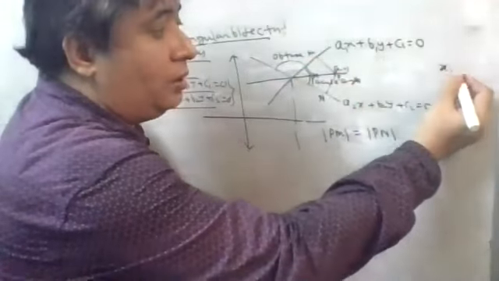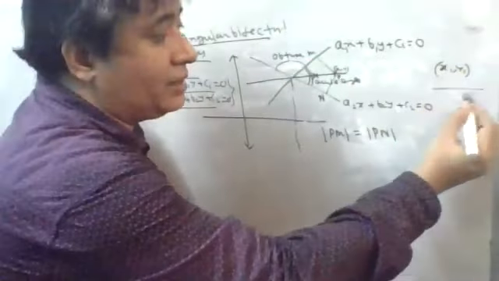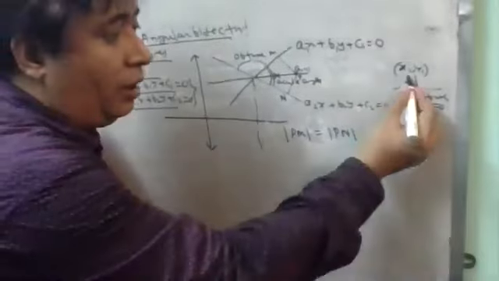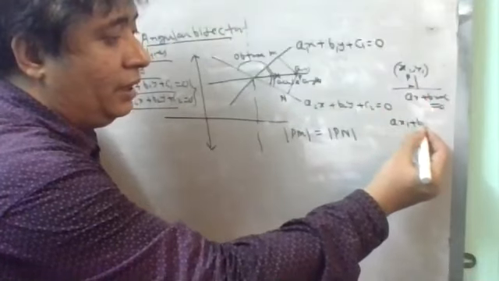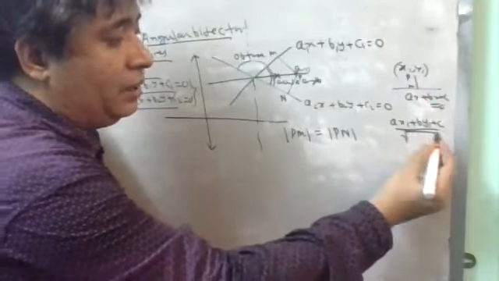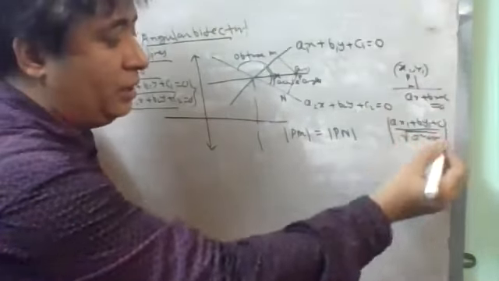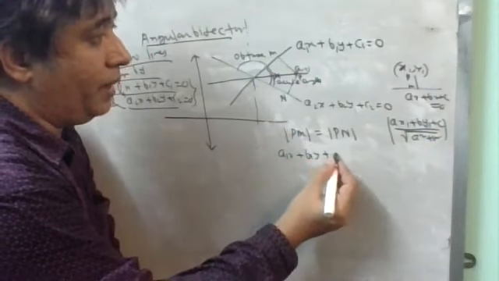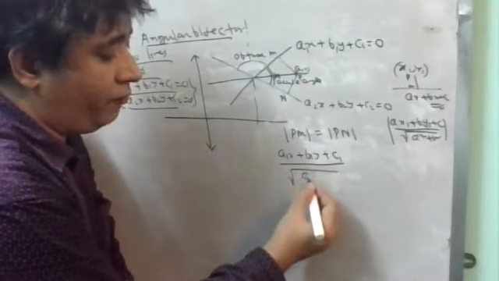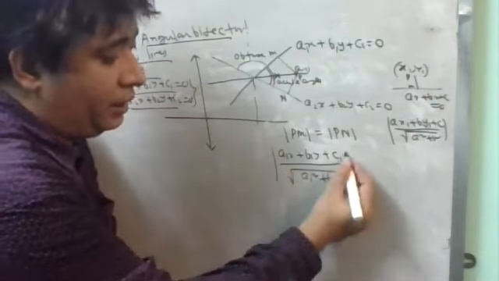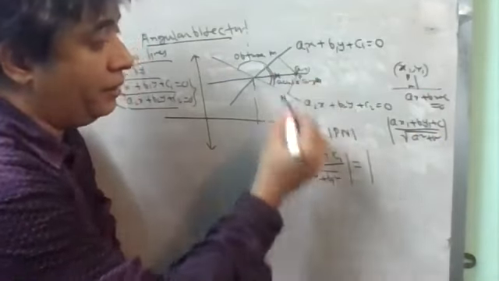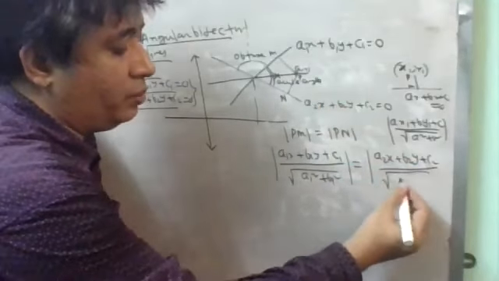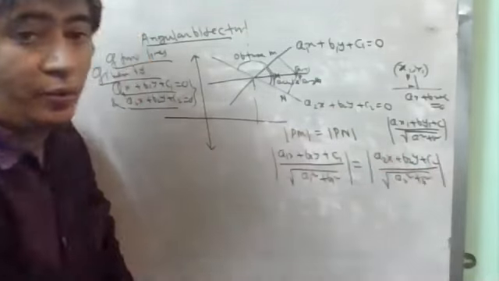Okay. Now PM is what? Distance formula you are taught from (x1, y1). If you have a straight line ax + by + c = 0, you are taught the formula of perpendicular distance, that is |ax1 + by1 + c| by root over of a squared plus b squared. So PM is |a1x + b1y + c1| by root over of a1 squared plus b1 squared, equal to PN, this distance, |a2x + b2y + c2| by root over of a2 squared plus b2 squared.